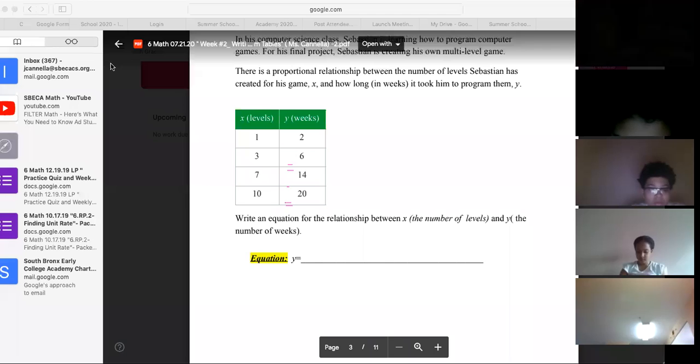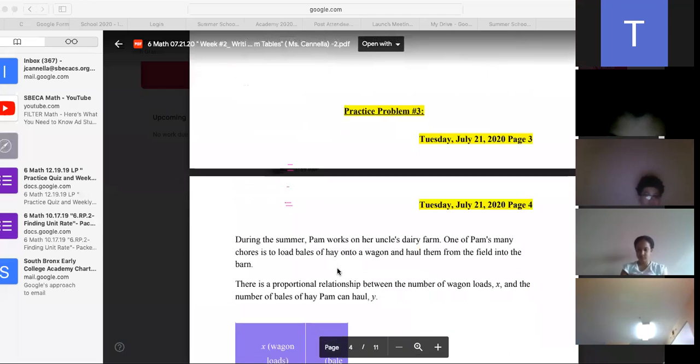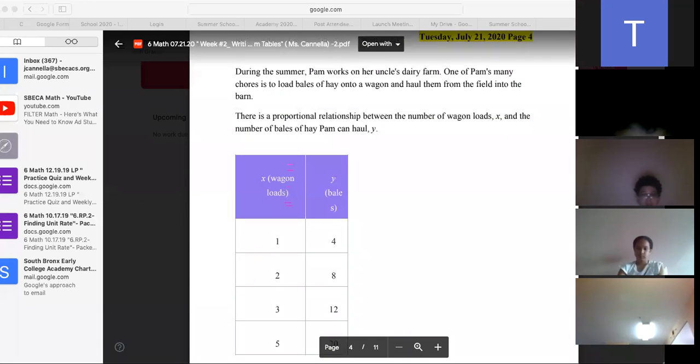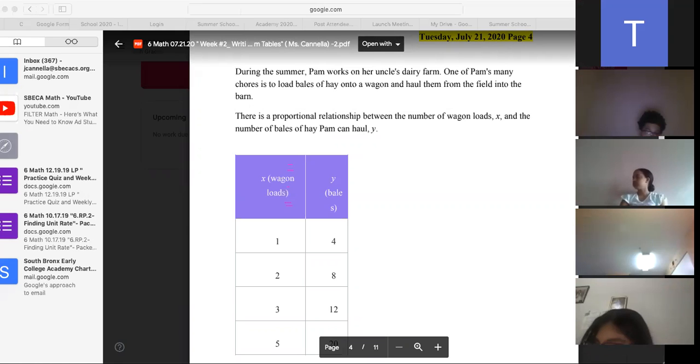All right, let's move on to the next problem. Problem 3 on page 4. Amanda, please read this problem. During the summer, Pam works on her uncle's dairy farm.